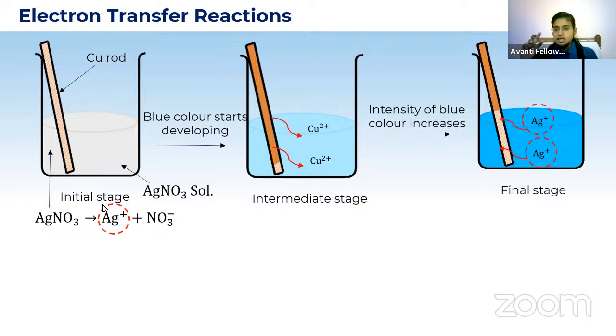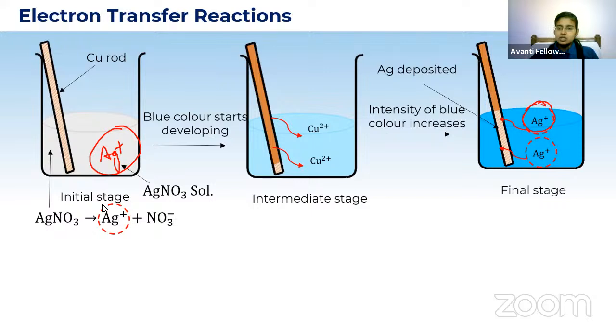That shows the color changes because of some reactions happening inside it. And that reaction is the Ag+, which is there already in the solution, that Ag+ is going and getting deposited on the copper rod.